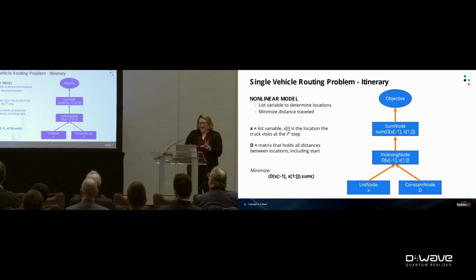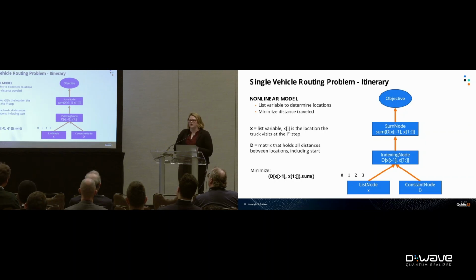Now, next, we're going to get a little bit more technical. I know this is already looking a little scary, but I'm going to try and explain it using data flowing through this model. So an initial list could look like this: 4 locations, 0, 1, 2, 3. Distances between those locations could look like this.